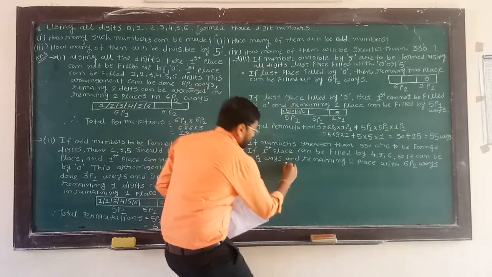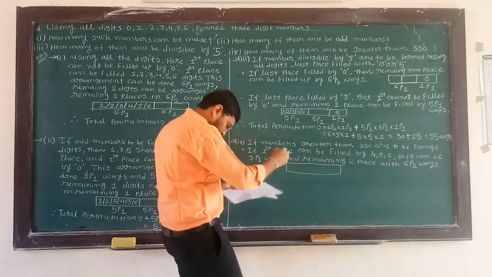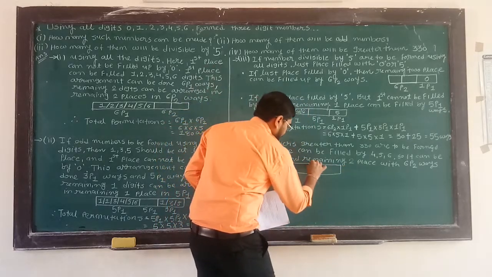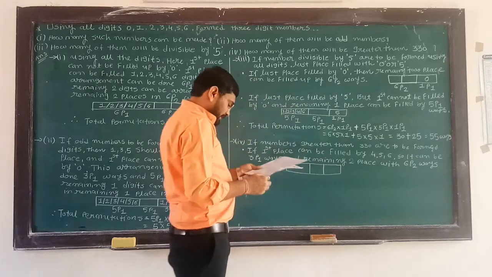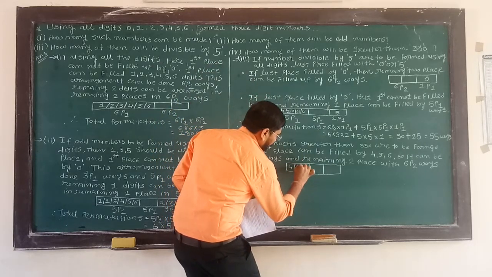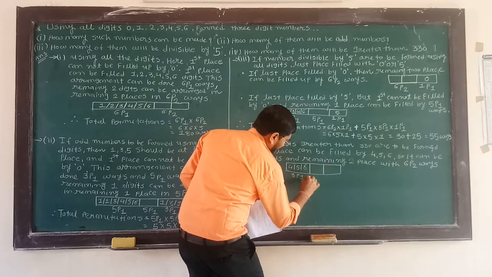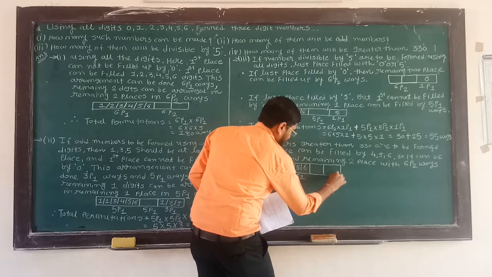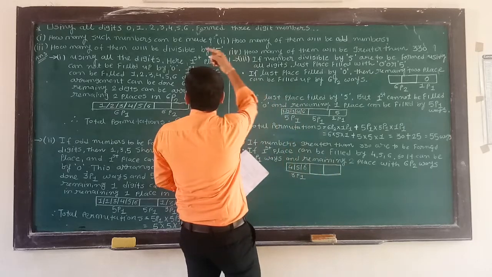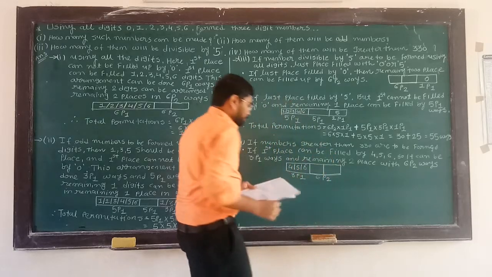See the students, for those 3 numbers, first place is filled with 4, 5 and 6, so 3p1, and the remaining 2 places, and we have 6 numbers in total, so 6p2.